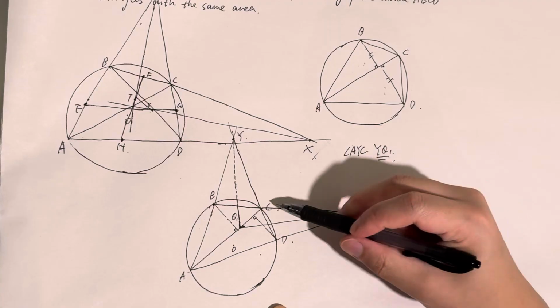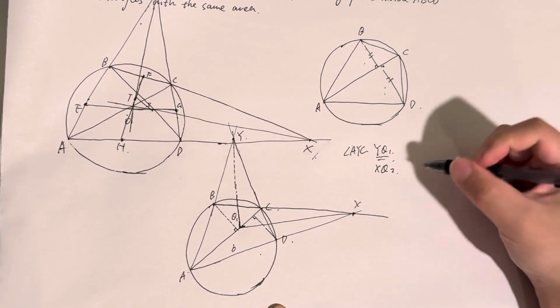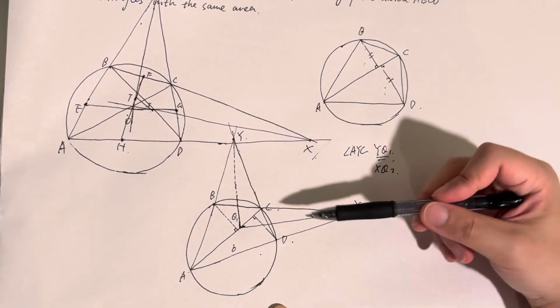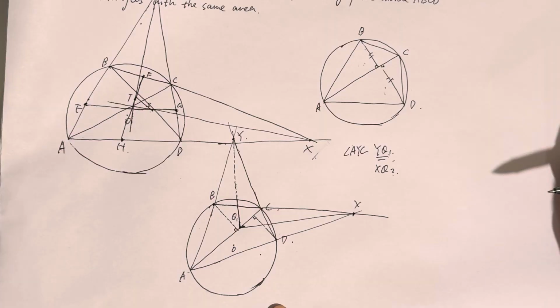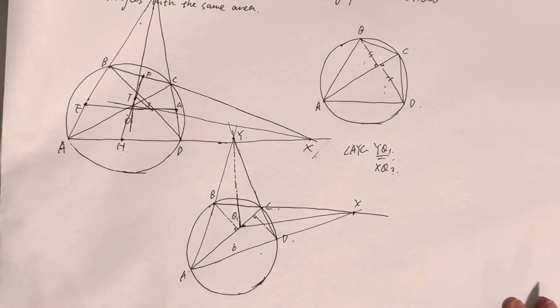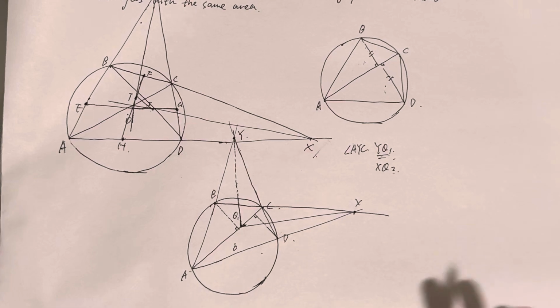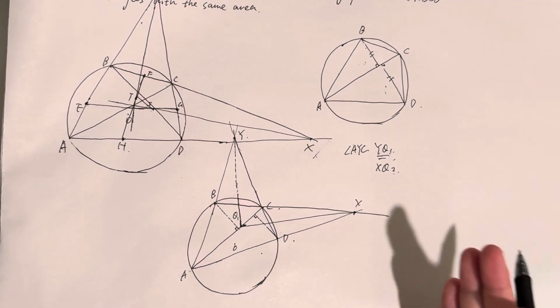For the angle bisector of angle AXC, let's call it XQ2, which meets AC at a point. We want to prove that Q1 and Q2 are the same point. I will explain later why I want to do this.